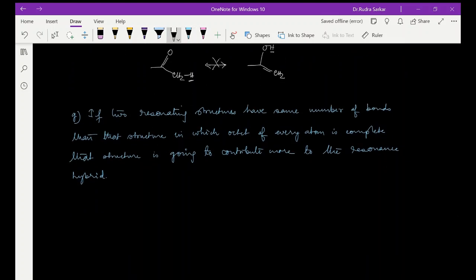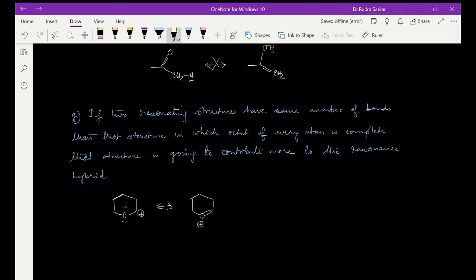So for example, we take this one, and in the other structure we write in the following manner.